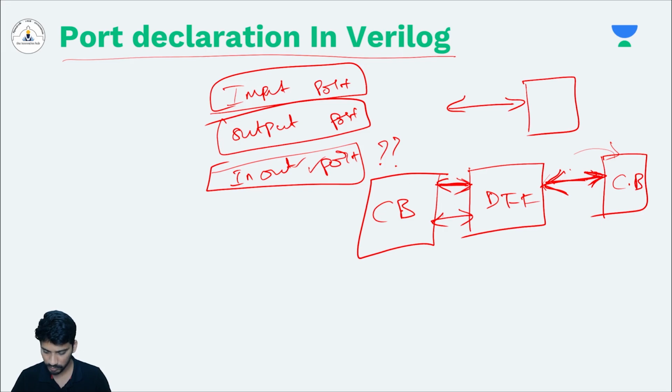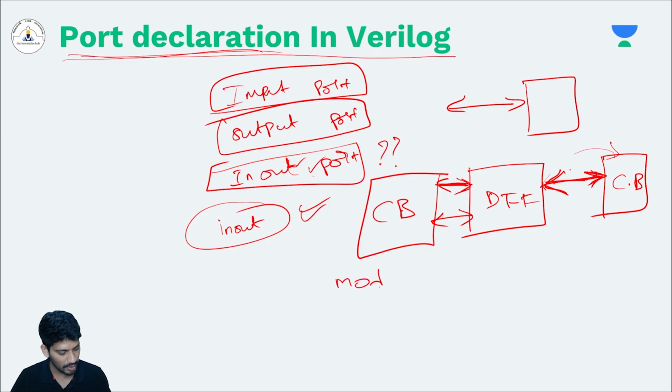Okay. So the keyword that you need to use for in-out port is inout. Okay. So for the declaration of ports in Verilog, there are two types of declaration.